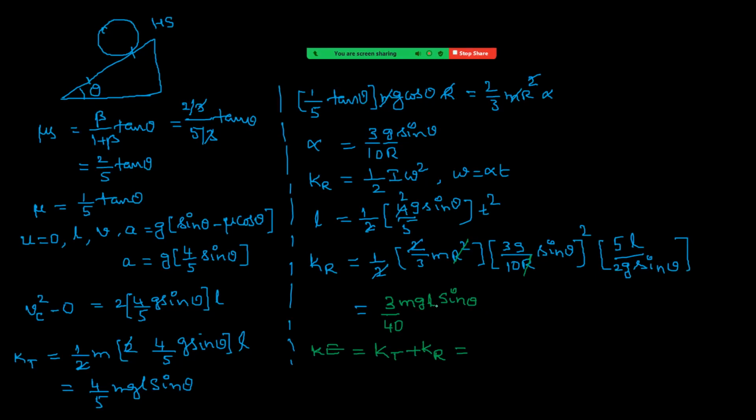Remaining is now 4 by 5 and 3 by 4. 4 by 5, I can write that by multiplying and dividing with 8: 32 and this is 40. 32 by 40 plus 3 by 4. So our calculation is okay. 32 and this is 40, mgL sine theta.